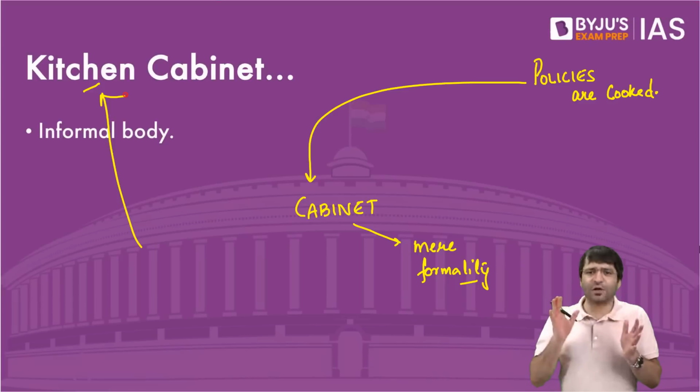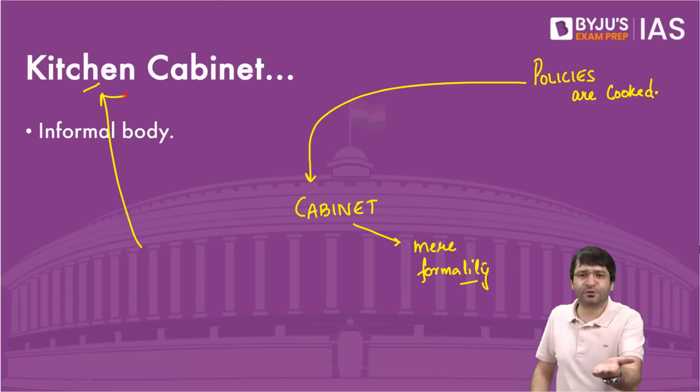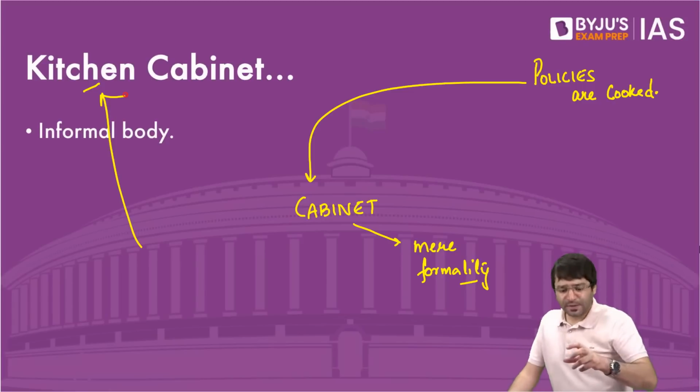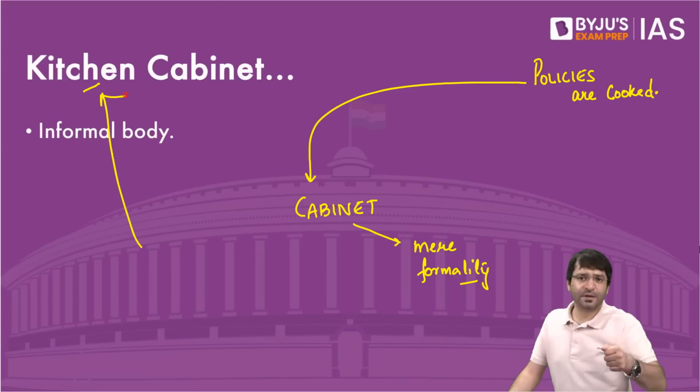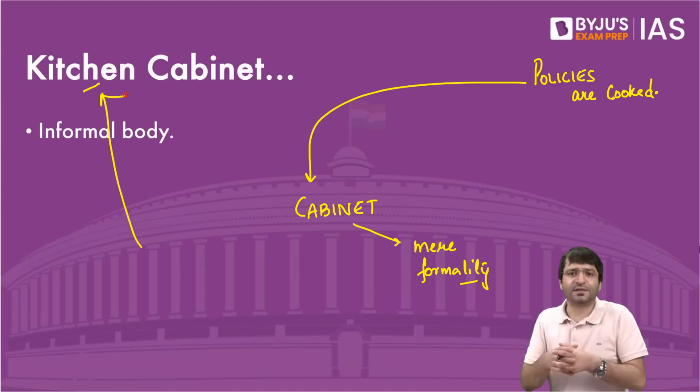They were taking all the decisions. And once they had taken the decisions, ultimately the matter was given to the cabinet. You just give the approval. Similarly, today, Mr. Modi will have strong dependence on Mr. Amit Shah, Mr. Bhupendra Yadav, 1 or 2 more individuals. They together take a decision.